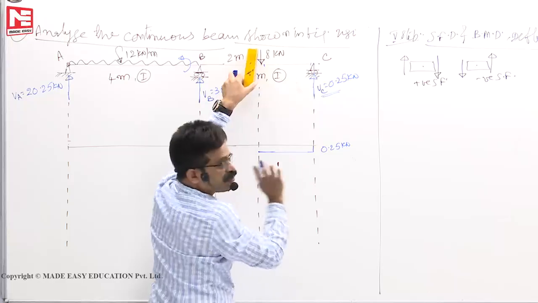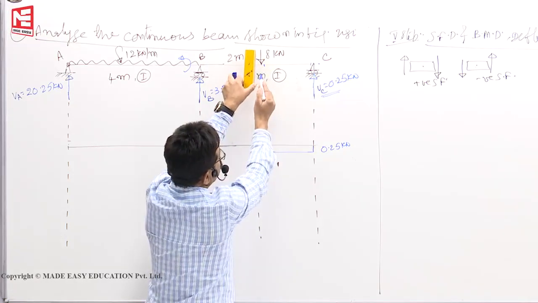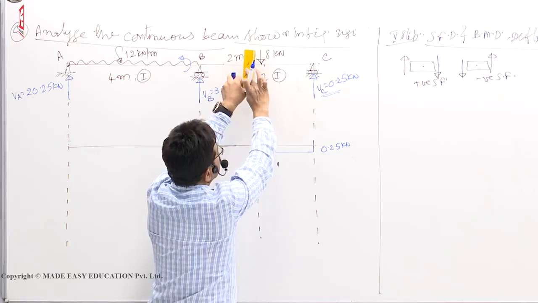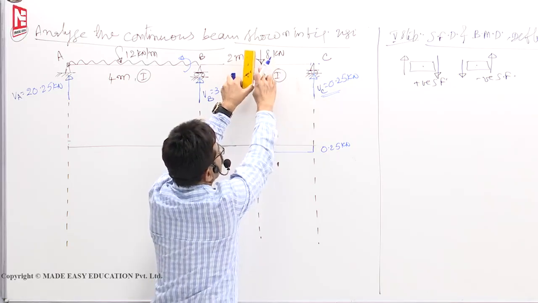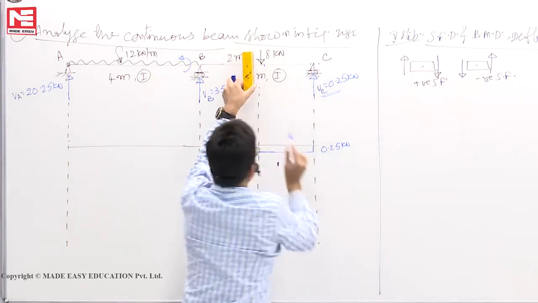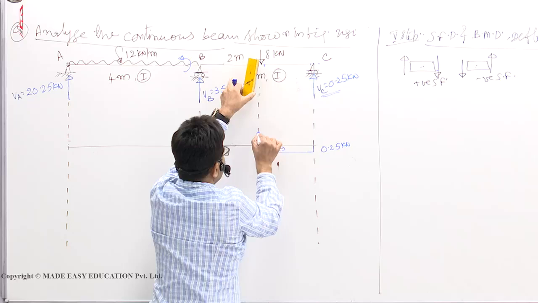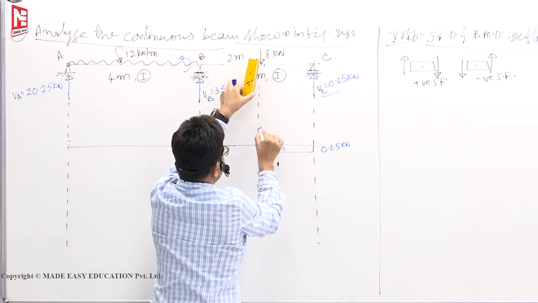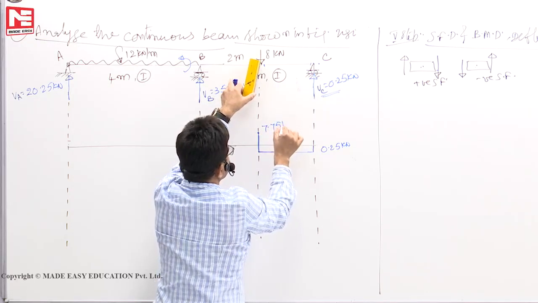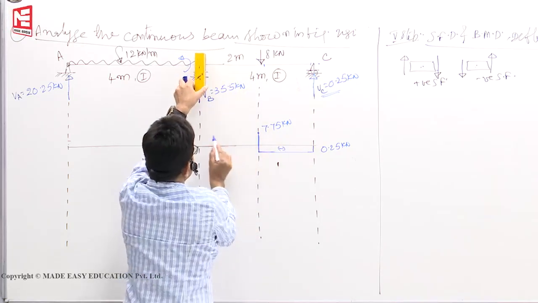Now cross the load, stop there. Suddenly there appeared a point load of 8 kilonewton. Deal with that. Section right side downward 8. Section right side downward is positive, plus 8 minus 0.25 already existing, so you will get 7.75. Show that. Now travel like this. Is there any change? No change.